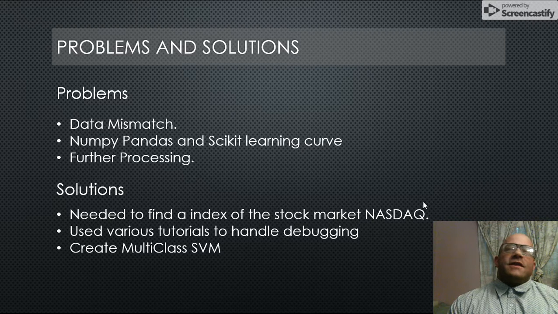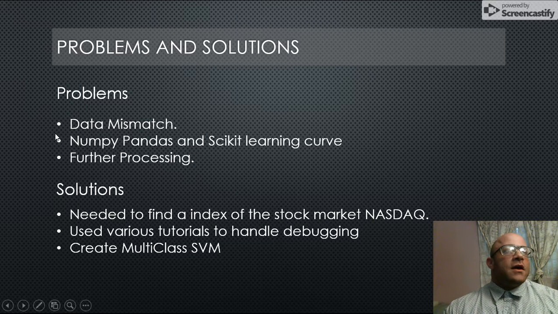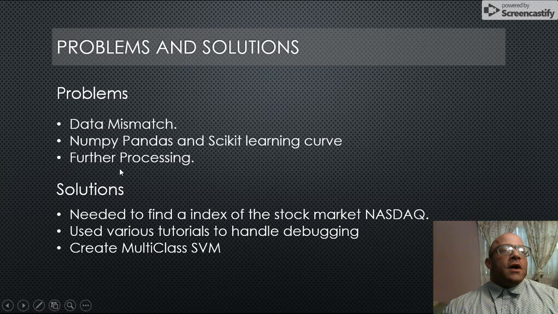Things that actually still need to be done from here on out, I would definitely say are testing it on different data sets that are a little bit more specific. That would be definitely something that we could do with this. Once again, problems with data mismatch. Once again, just the further processing was a major issue.